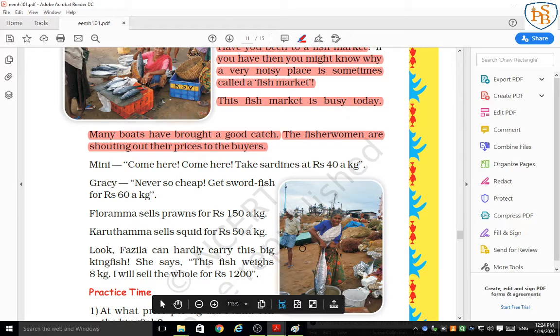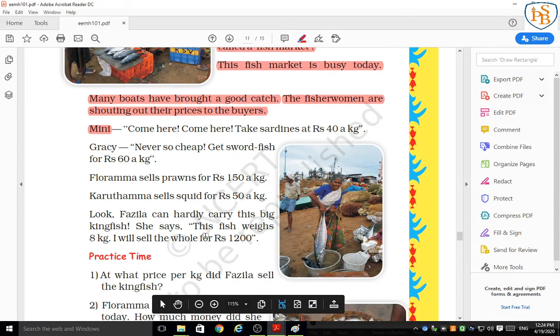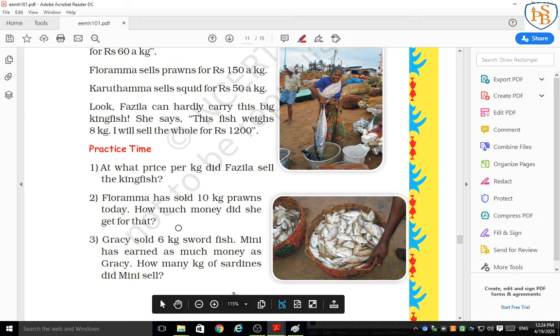Just imagine, fisherwomen are all over, selling their fish and shouting loudly over their prices. So let's start. The first is mini. Okay, before that, children, just listen carefully to this conversation, because depending on this conversation we have to solve the questions.